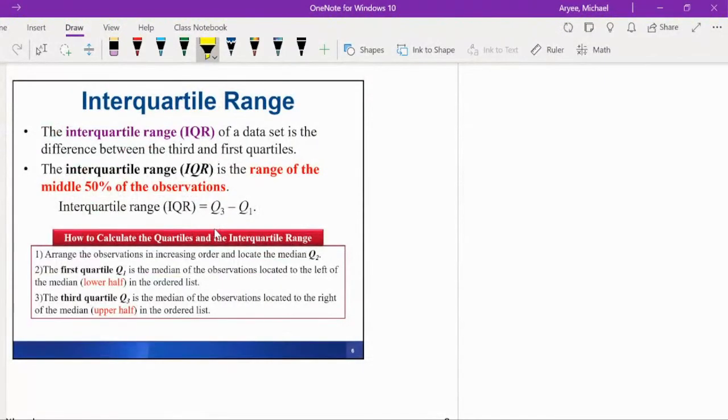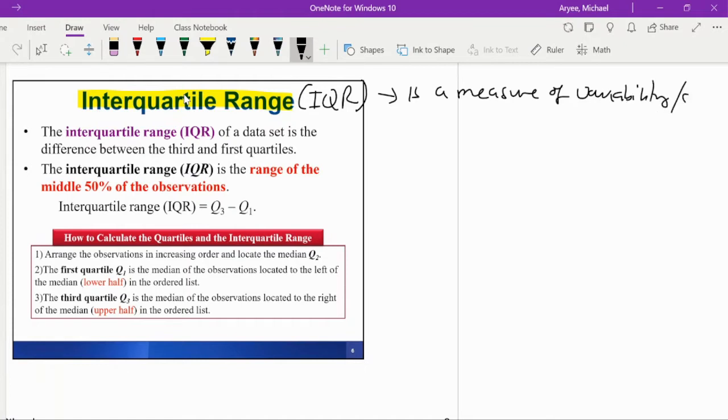Now that brings us to the question of the interquartile range. Usually we use IQR to indicate the interquartile range. It is a measure of variability or a measure of spread, right? It's also one of the candidates that gives you a way to measure or calculate the spread of data.